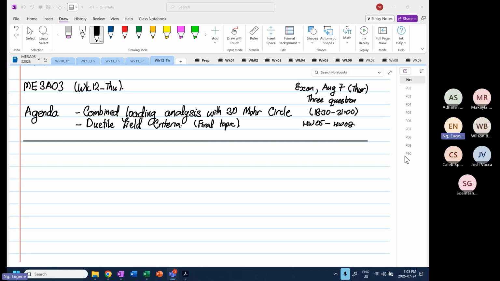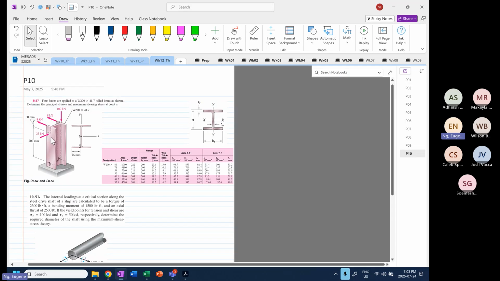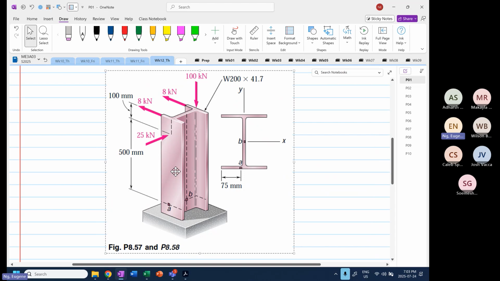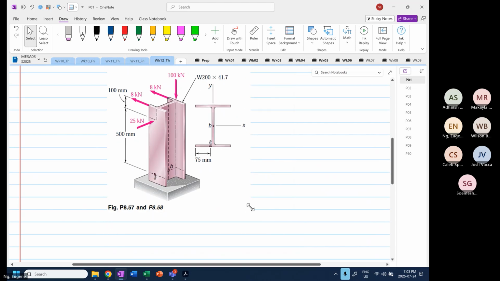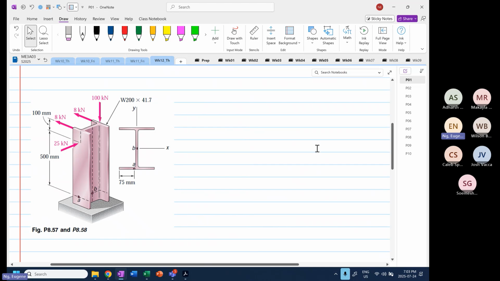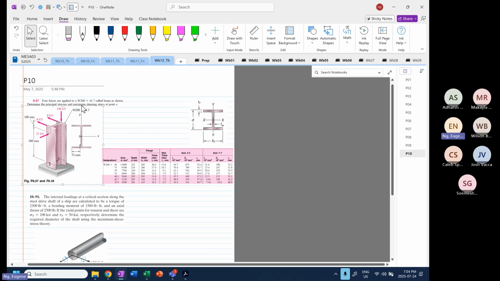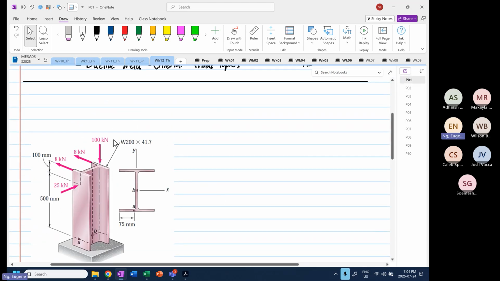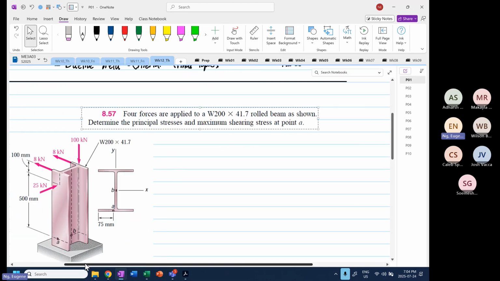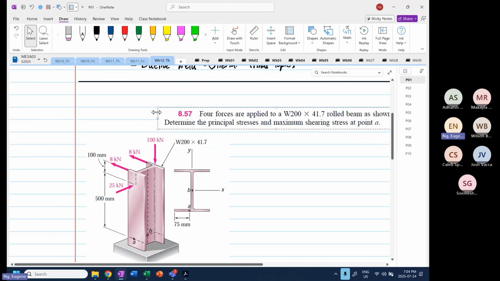to pick up a problem that you've seen before, and it is this problem over here. When we did this problem in probably week 6 or week 7, we did not consider shearing stress. Now I want to incorporate shearing stress, and also we're going to incorporate 3D Mohr's circle.